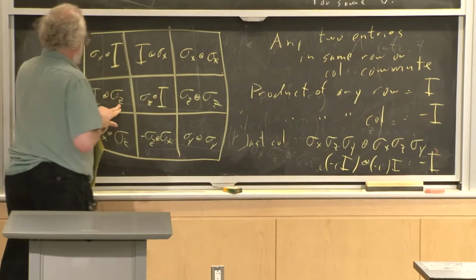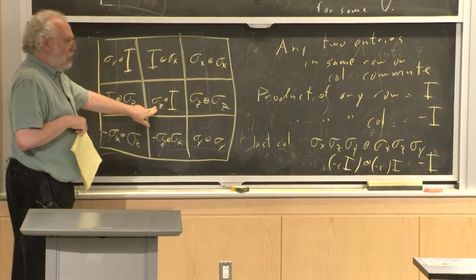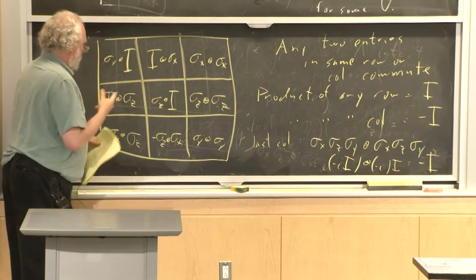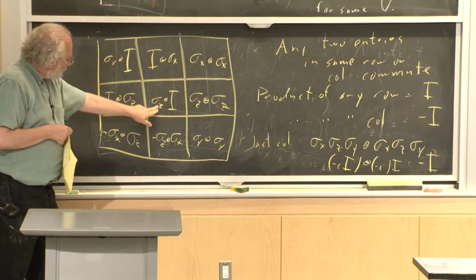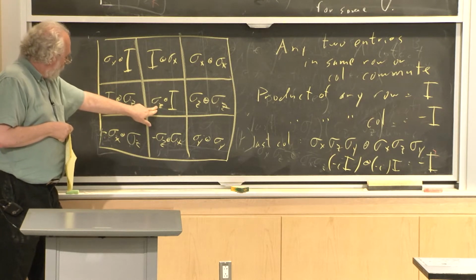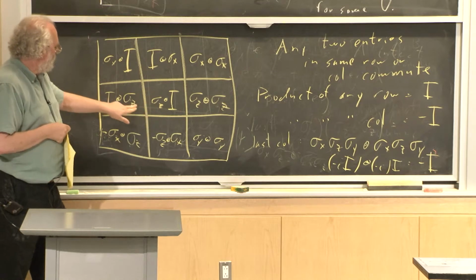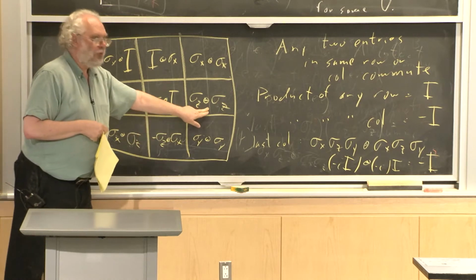So she measures sigma z on the first qubit, sigma z on the second qubit, and then if the first one was a -1 and the second one was a 1, she would mark this square red, this square green, and this square red.